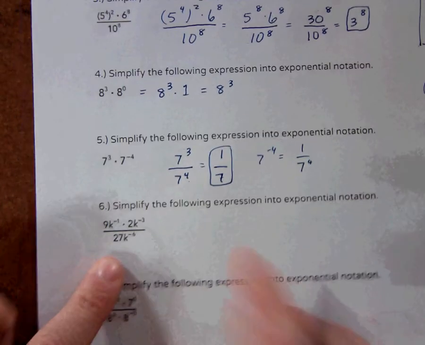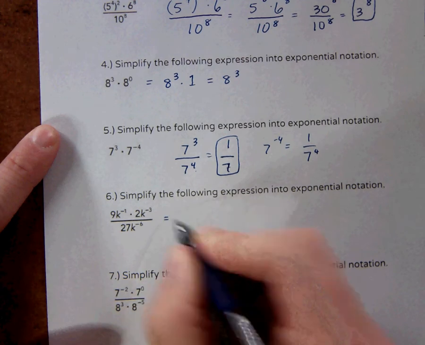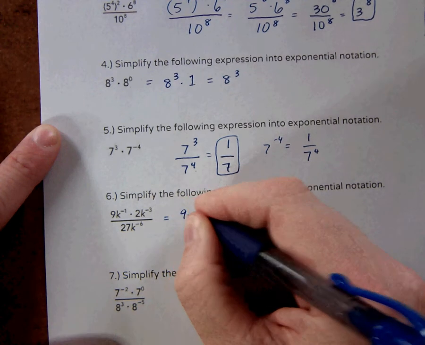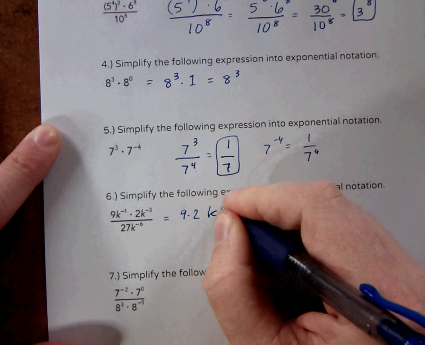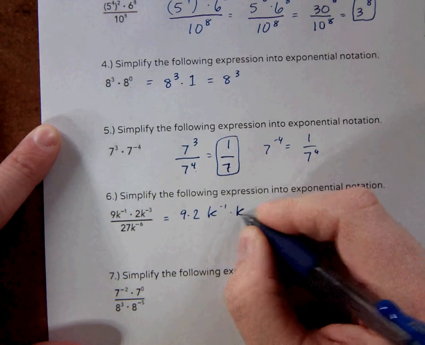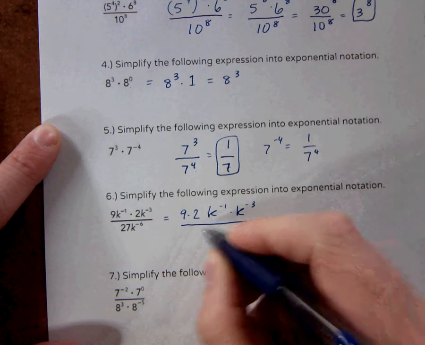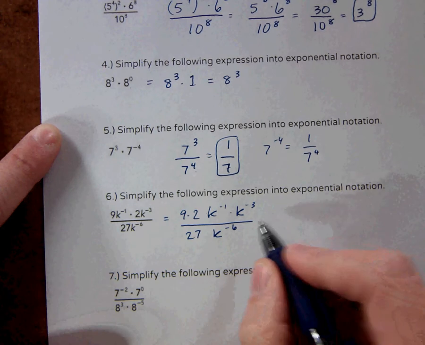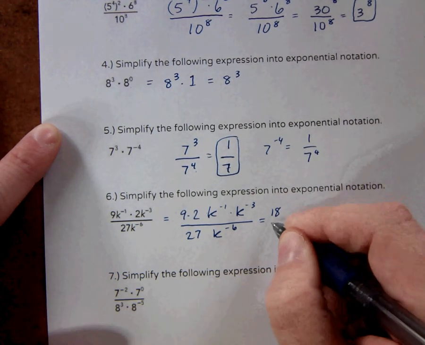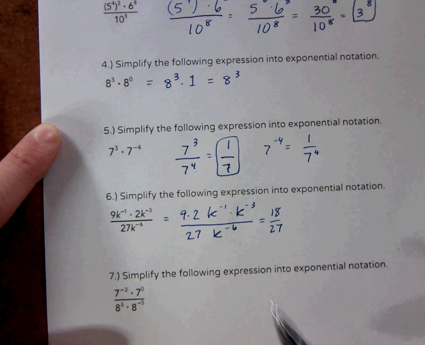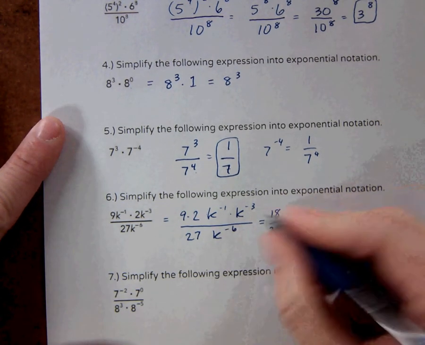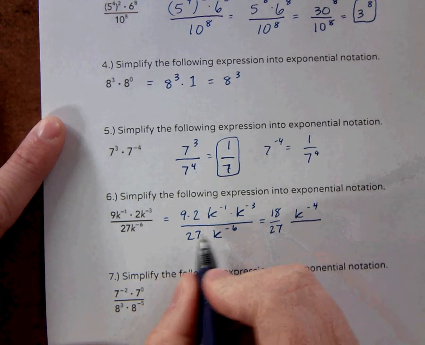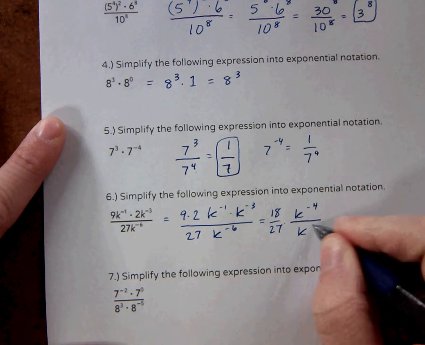This one right here, I'm going to take all my numbers first from the top. So 9 times 2, and then I have k to the negative 1 times k to the negative 3 over 27 k to the negative 6. 9 times 2 is 18. So my number is basically 18 over 27. My k's: this right here is k to the negative 4, negative 1 plus negative 3, and then k to the negative 6.